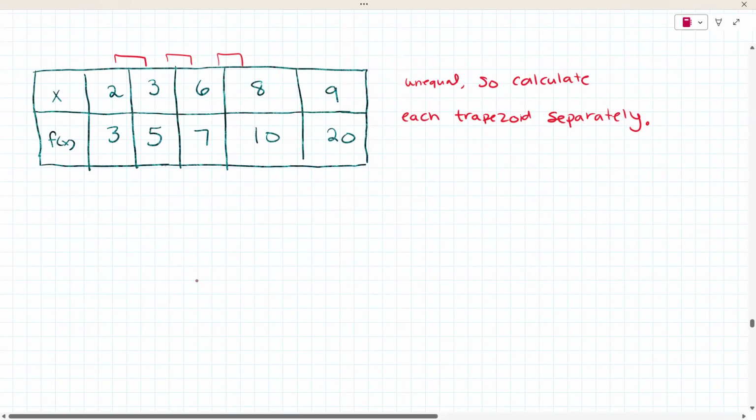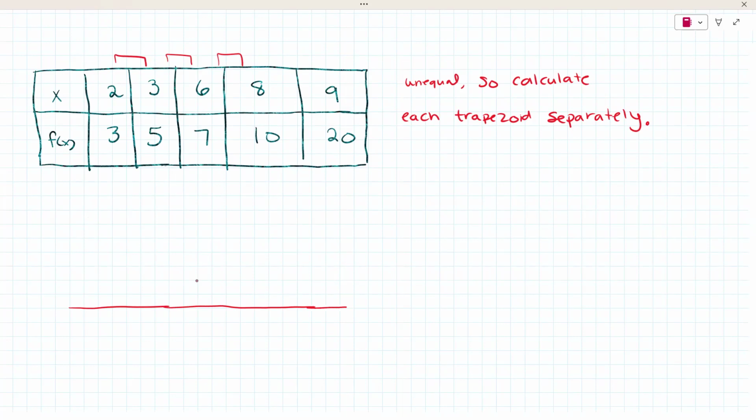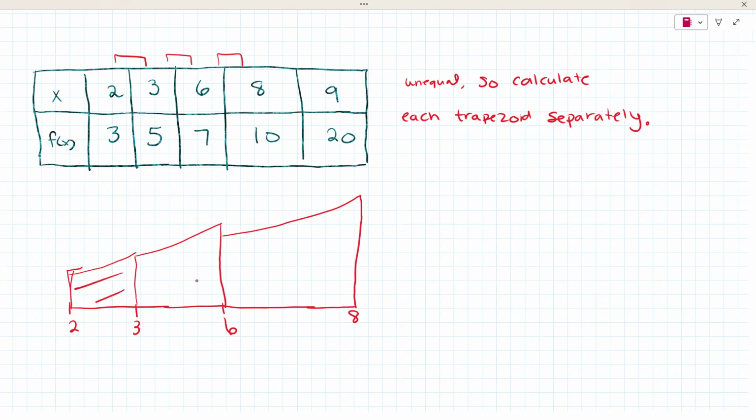Okay, so what I'm going to do is kind of draw the image. So we've got to find the area of each trapezoid individually.